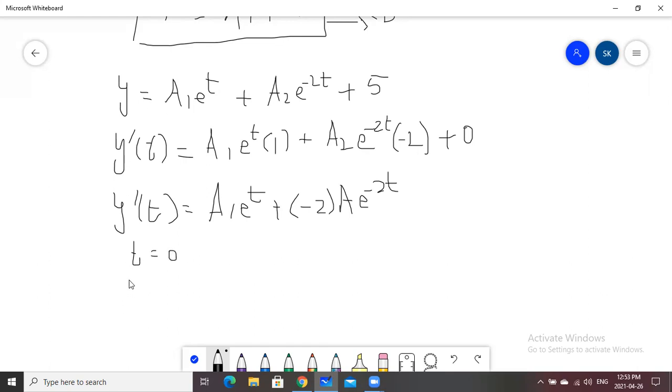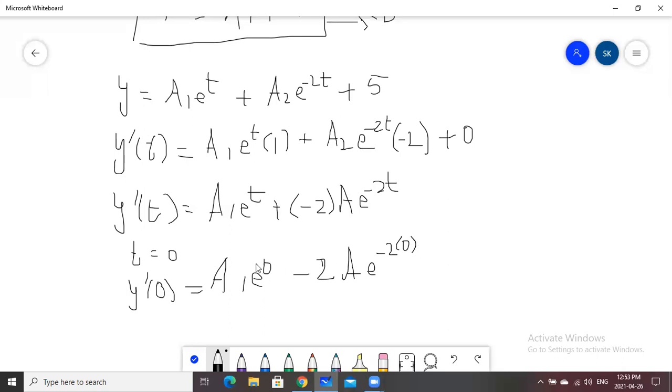Then we have y prime of 0 is equal to, now a1 e raised to power 0, then minus 2 a2 e raised to power minus 2 into 0.